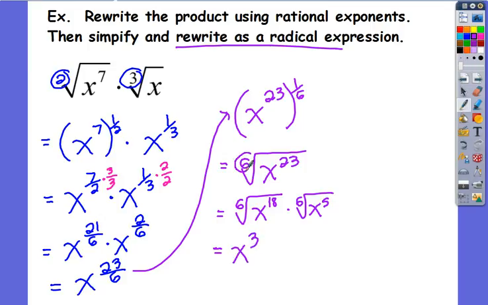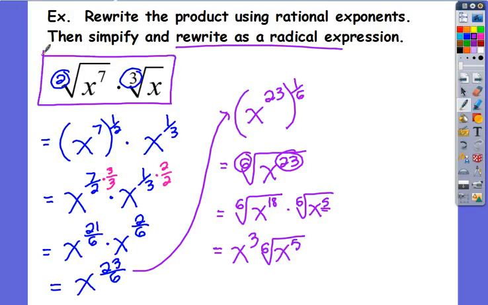And 6 divides into 23 3 times evenly with 5 left over. And this is how you could combine your original 2 radicals under one radical expression. Cool stuff.